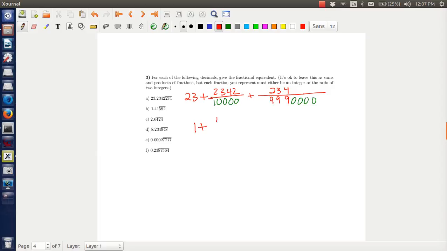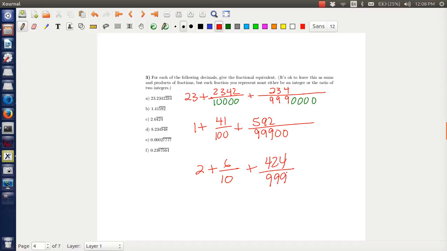The second question, the answer is, let's see, you go 592 over, okay, you count the number of 9s, 999, so it matches up, and then the number of zeros over there. The same number of zeros here has to match the same number of zeros over there. Next one, 2 plus 6 over 10 plus 424 over 999, and then tack the zeros on.